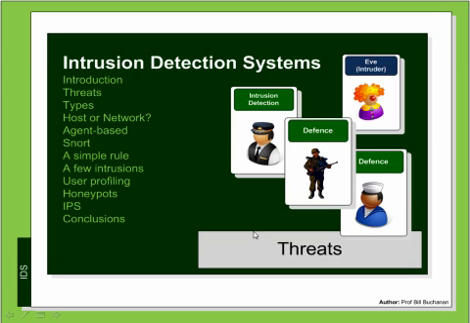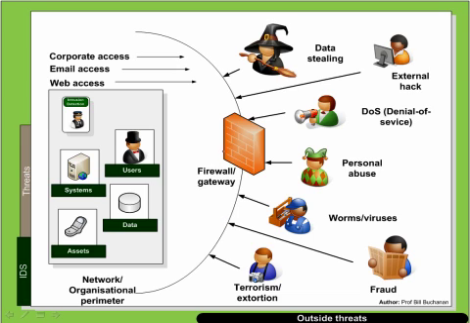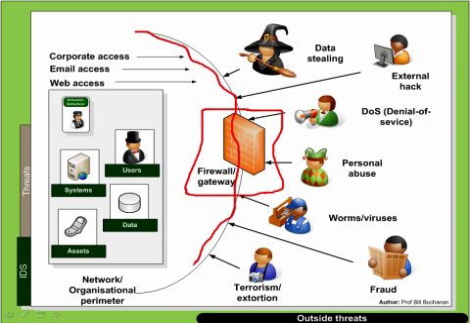So let's look at what the threats are. The threats can be many, and if we look at defining a single gateway or firewall for the system, then we can draw a boundary around our organization and define that as the organizational perimeter.